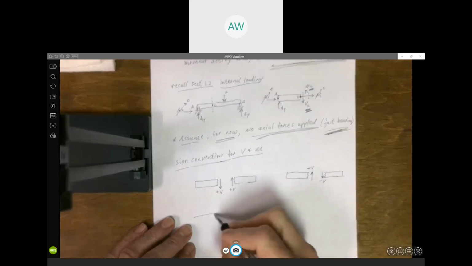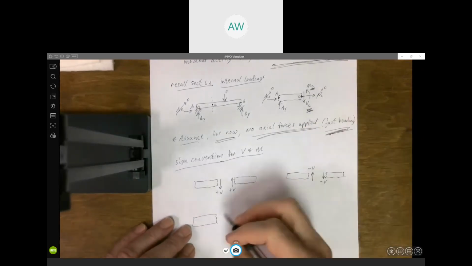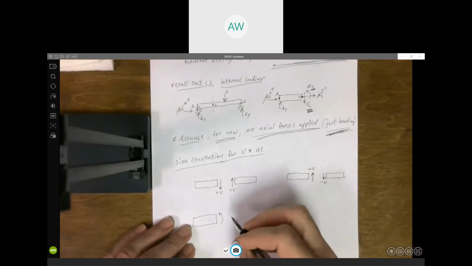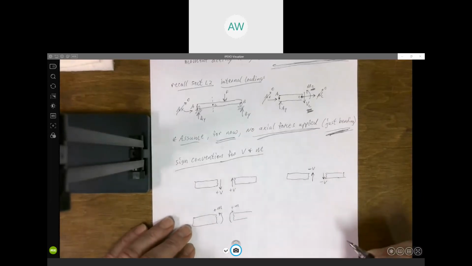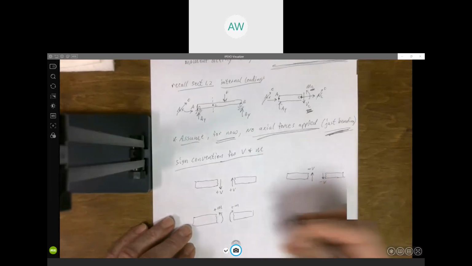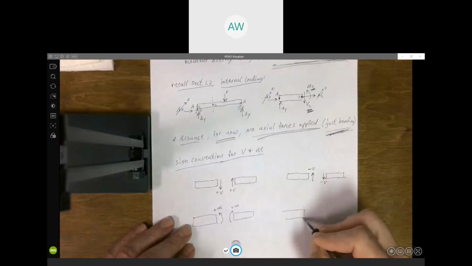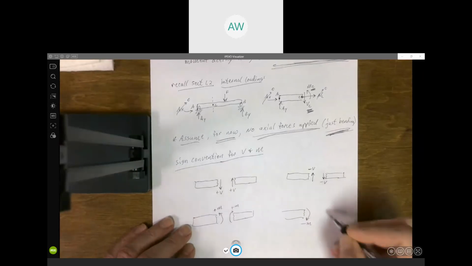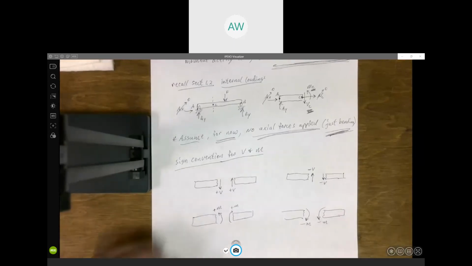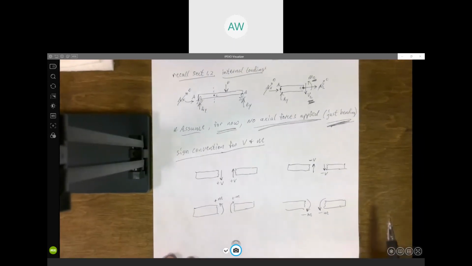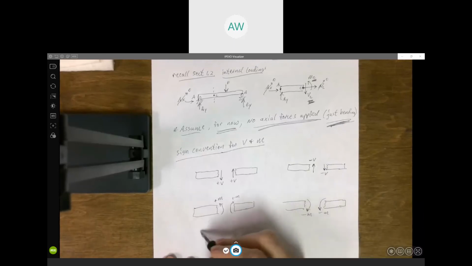And for the moment, likewise, what I assumed up here was the positive direction. And likewise, the opposite would be the negative direction. This would be a negative moment. One way it's real easy to remember what's a positive moment and negative moment: a positive moment causes a beam to bend like this.